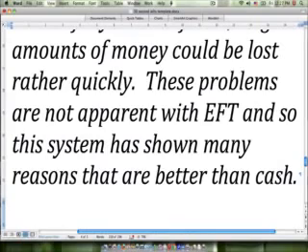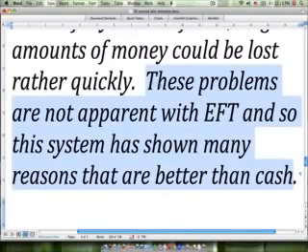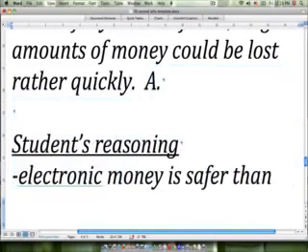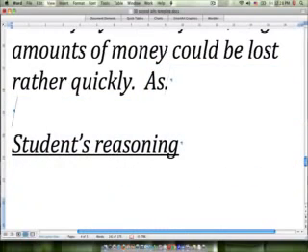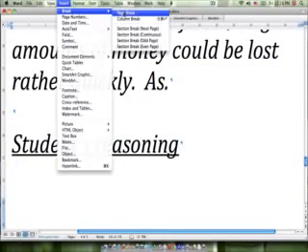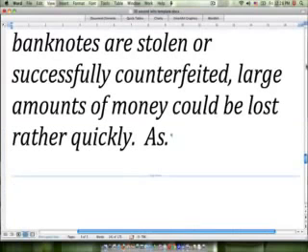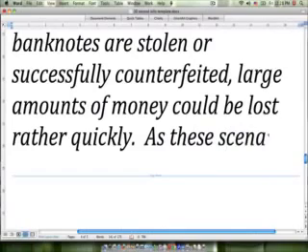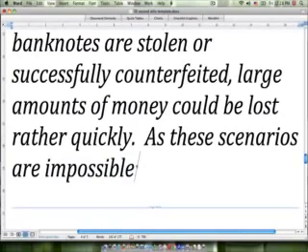So let's try to word this again. I'm going actually to take, the beginning's okay, but let's try to change this a bit. Now maybe we can say something like, as these scenarios are impossible. Now when I say these scenarios, I'm talking about stolen money or counterfeited money.